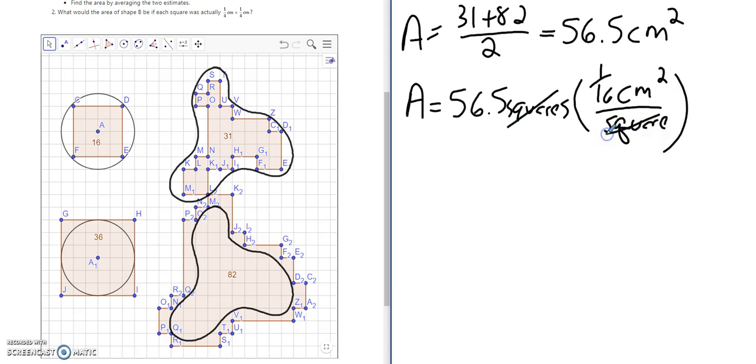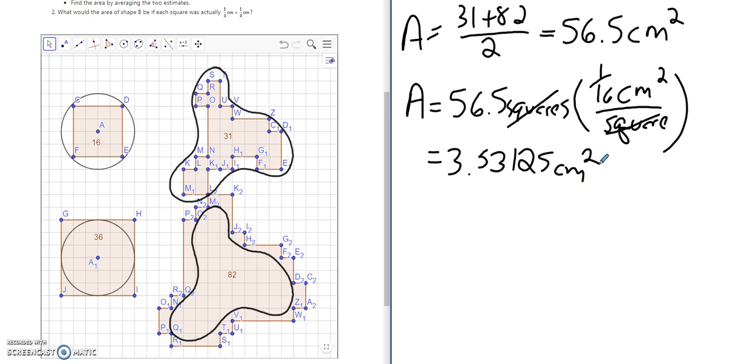So that square cancels, and that's how I know I'm left with the correct unit. And when I do 56.5 divided by 16, I would get that the area would have been 3.53125 square centimeters.